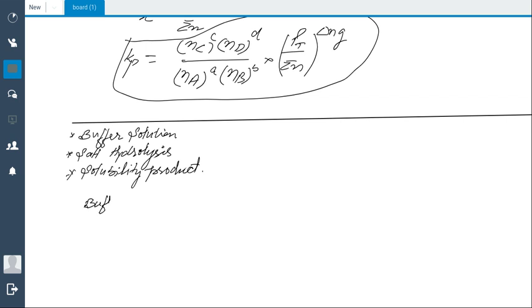Now, what do you mean by a buffer solution? There are two things which you need to remember.